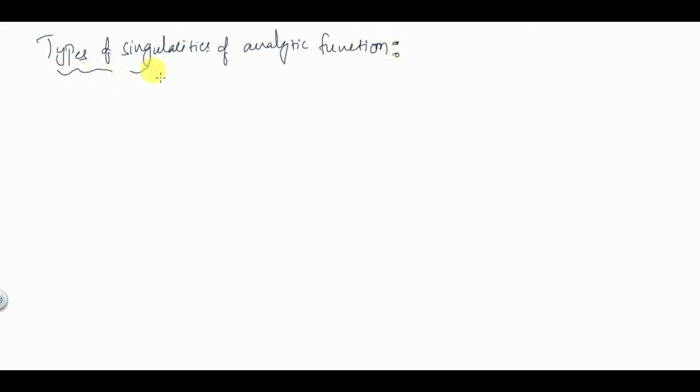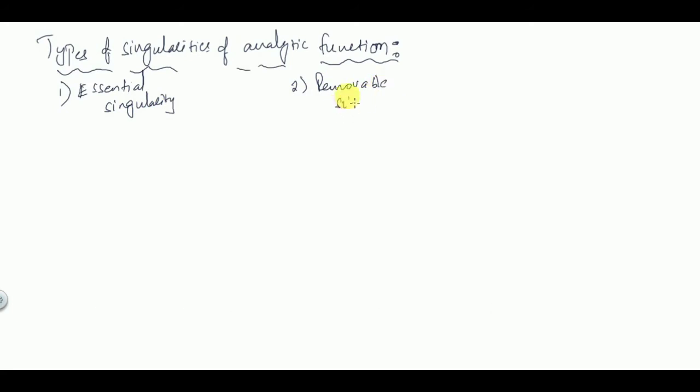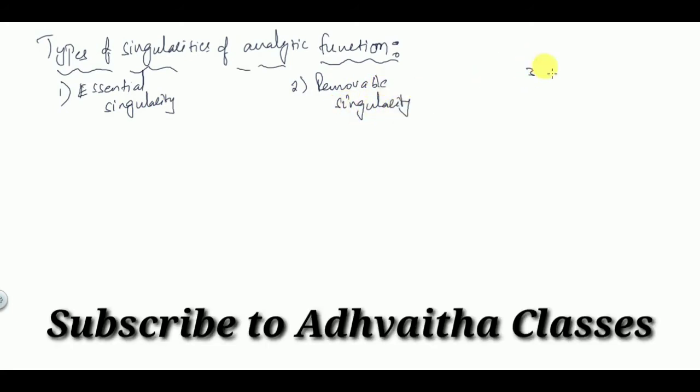There are 3 types of singularities. One is essential singularity, second is removable singularity, and third is pole.